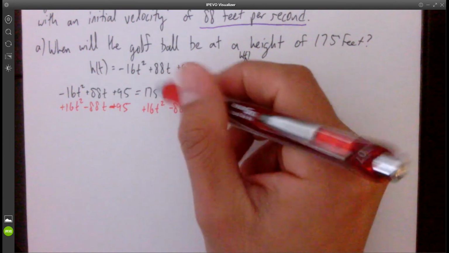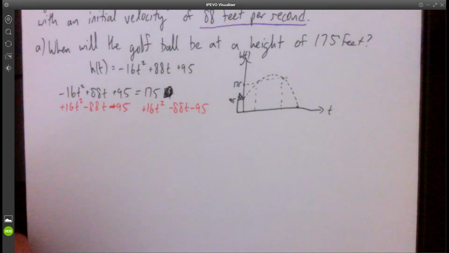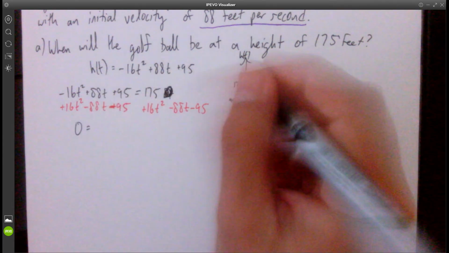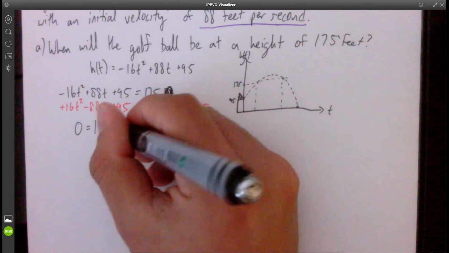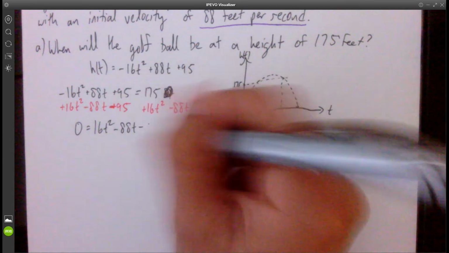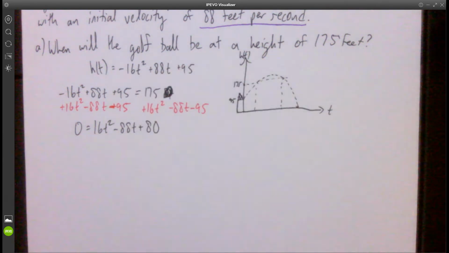Notice that the 175 and the minus 95 can combine. So this right here will be 0 equal to 16t squared minus 88t plus 80.